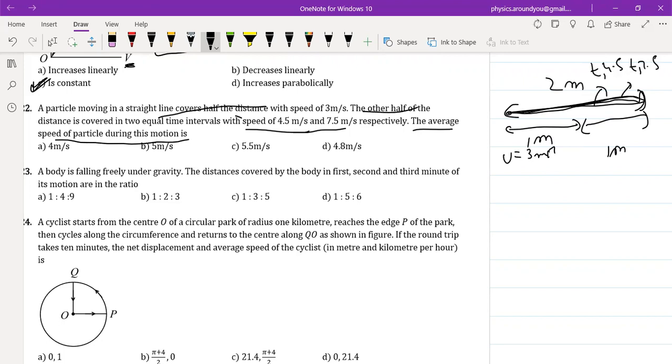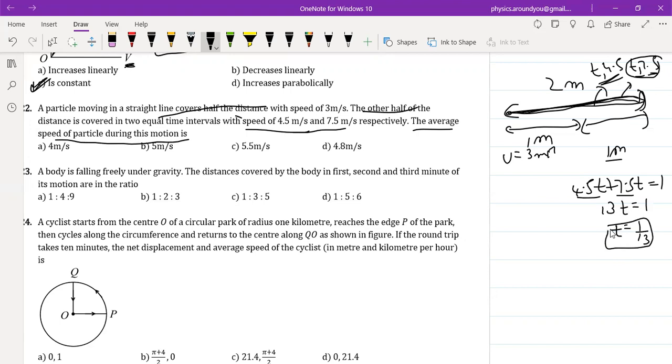So what is the distance in the first time interval? 4.5t. What is the distance in the second time interval? Speed into time, 7.5t. And what is the sum of the two distances? 1 meter. From this, I get to know that 7.5 plus 4.5, the values I have given, 12t is 1, or t equal to 1 by 12.